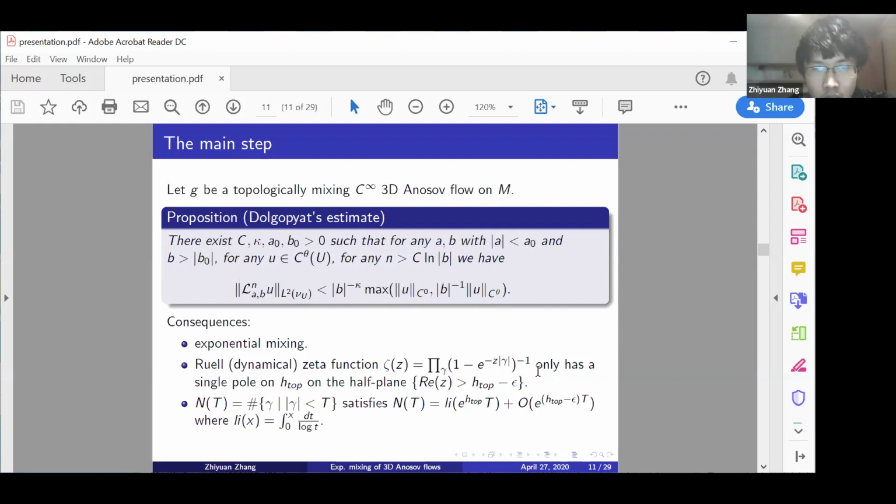And they also show that, already Dolgopiad in his paper showed that under his condition this function has a single pole at the topological entropy on the real line, and on this half plane it has only a single pole at this point, and it's holomorphic on the other part of this half plane.